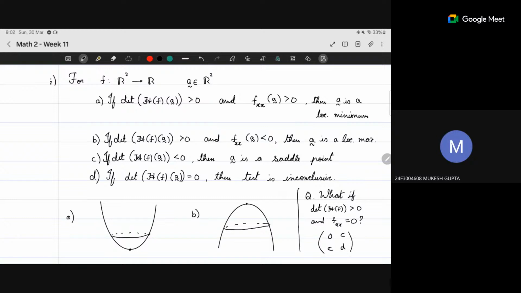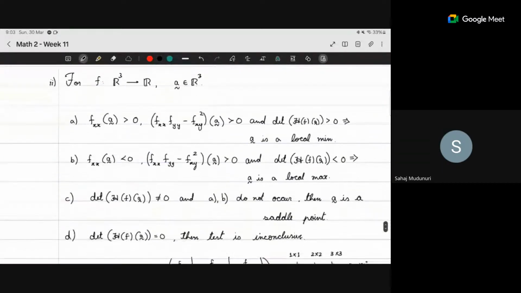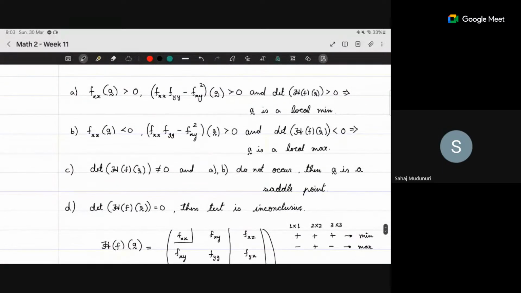Yes, sir. If fxx is zero, then what would the determinant be? Minus C square. So then determinant will never be positive. You cannot have a positive determinant of the Hessian with fxx equal to zero in the 2 cross 2 case. Similar things may happen in the higher case, but I cannot immediately see whether fxx equal to zero forces certain things.